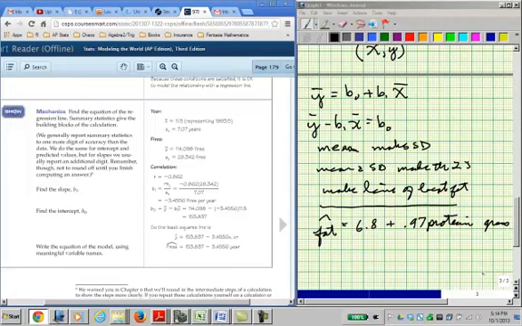And then you can see how the y-intercept is made out of the mean of the y-coordinates minus the slope times the mean of the x-coordinates. All right, let's go to the next page.